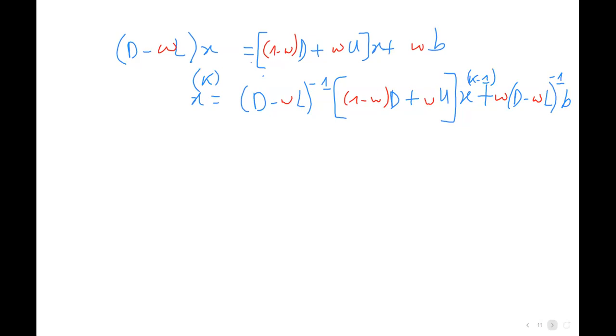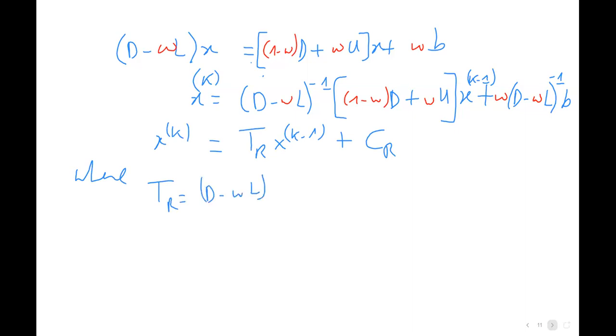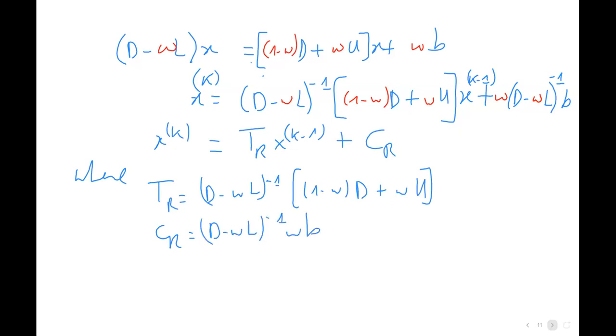And in that sense, the relaxation method is x^k equals T relaxation x^(k minus 1) plus C relaxation, where C is (D minus omega L) inverse times ((1 minus omega) D plus omega U), and omega times b.